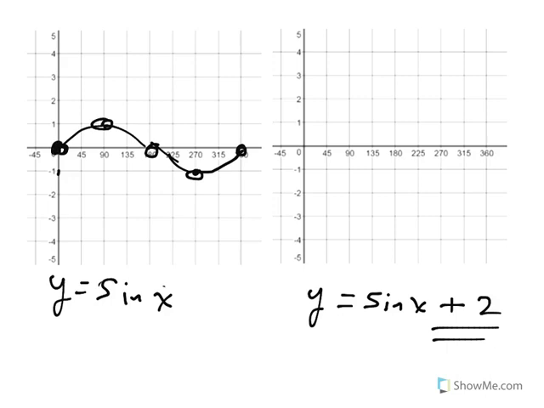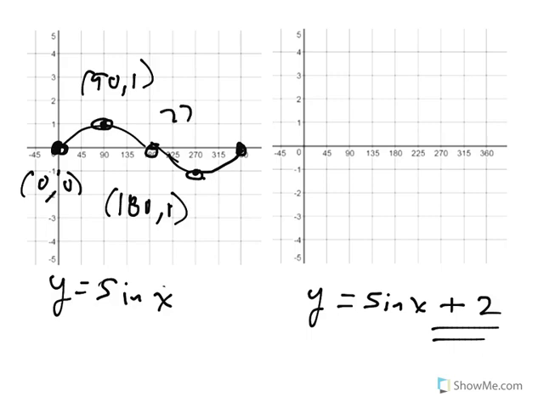So instead of going through the 5 main points: 0, 0; 90, 1; 180, 0; 270, negative 1; and 360, 0. With this plus 2, when you put 0 in, it's now going to be up here at 2. And at 360, it's also going to be 2. And at 180, it's also going to be 2.